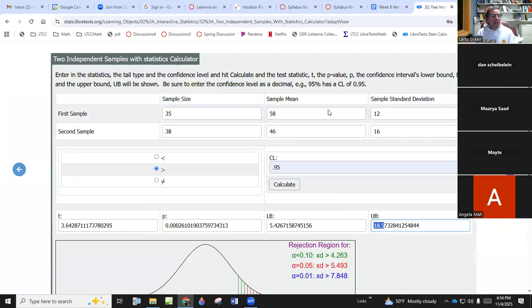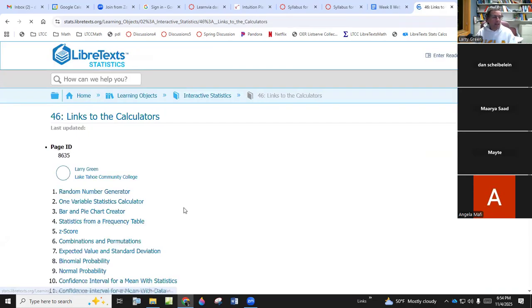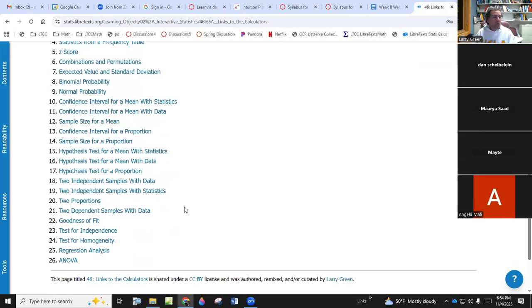Okay, any guess on why I can't use this calculator? There's actually two reasons. What's wrong with this? Yeah, so one of them is data, and now let's go back to the calculator menu. And which calculator can I use?